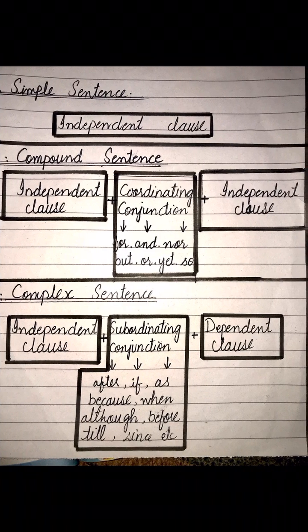These are the formulas. A simple sentence is an independent clause. A compound sentence is independent clause plus coordinating conjunction plus independent clause. A complex sentence is independent clause plus subordinating conjunction plus dependent clause.